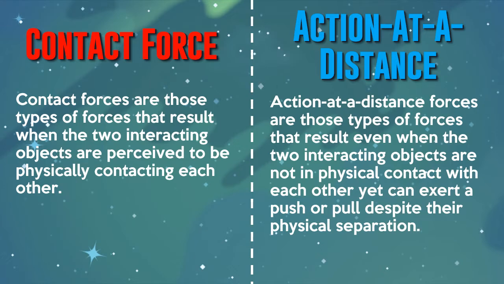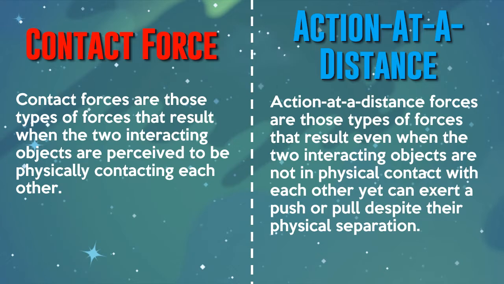Examples of contact forces include frictional force, tensional force, normal force, air resistance, and applied force. Meanwhile, action at a distance forces are those types of forces that result even when the two interacting objects are not physically in contact with each other. Yet, they can exert either a push or a pull despite their physical separation.